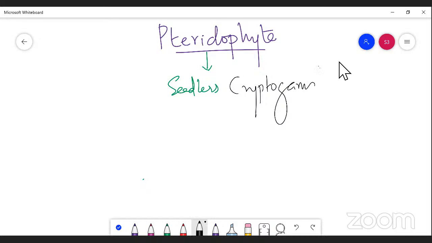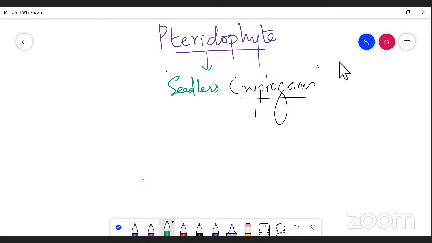So the entire plant kingdom is broadly divided into two types: phanerogams and cryptogams. Here, Pteridophyte comes under cryptogams because it never produces seeds, right?